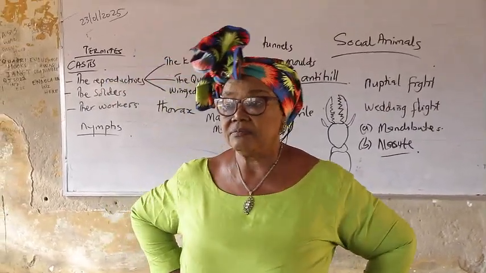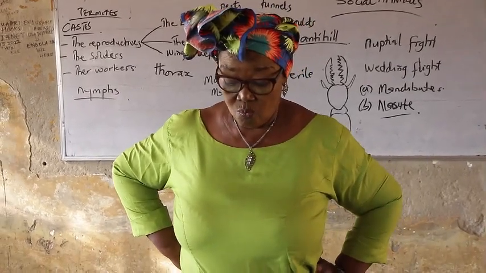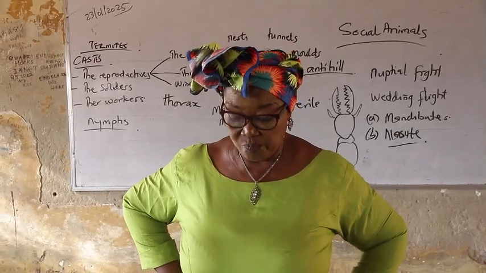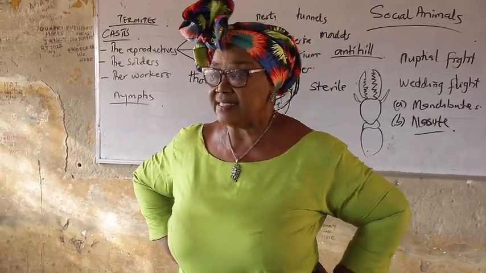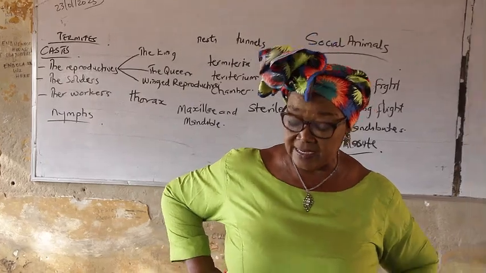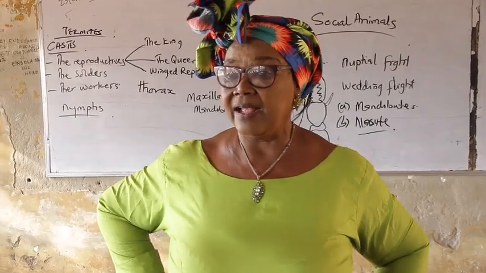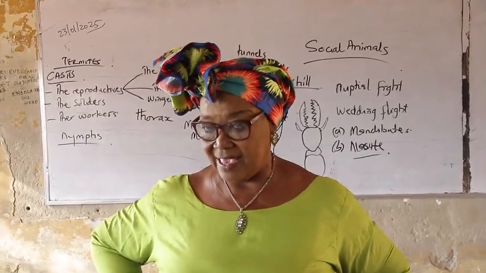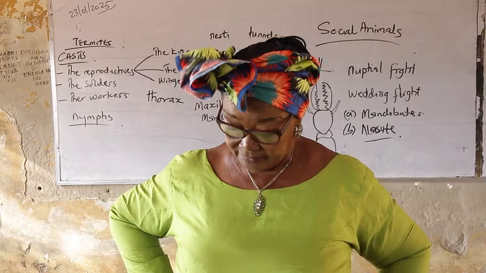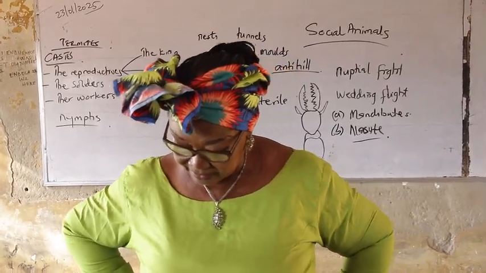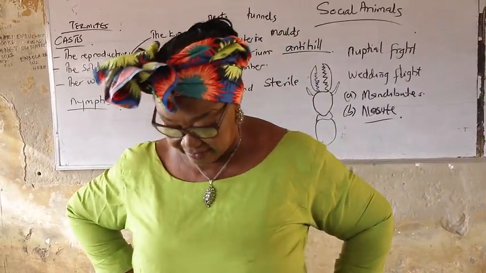The ability to feed on plants and dead wood provides them a wide variety of diets. Another point, tunneling. Tunneling provides aeration, A-E-R-A-T-I-O-N, within the anthills.